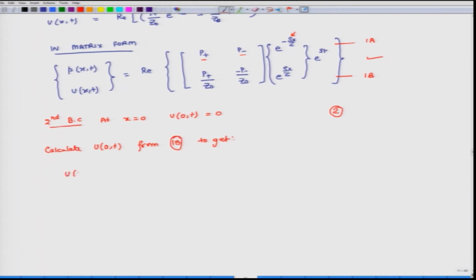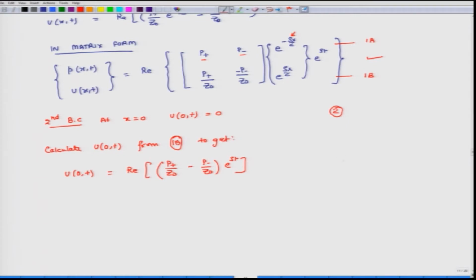So, u of 0, t is the real part of P plus by Z naught minus P minus by Z naught, times e to the power of s x over c and e to the power of minus s x over c. At x is equal to 0, they are 1, so they go away, and then I have e to the power of s t.